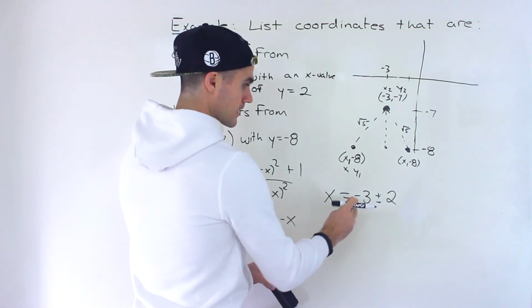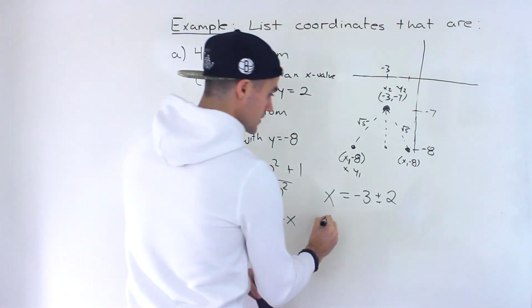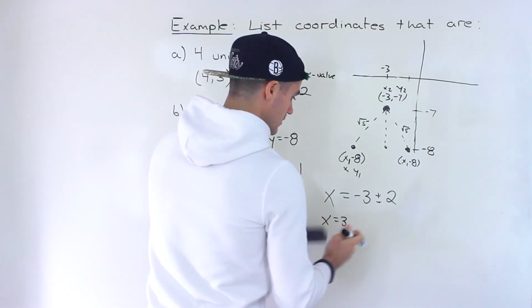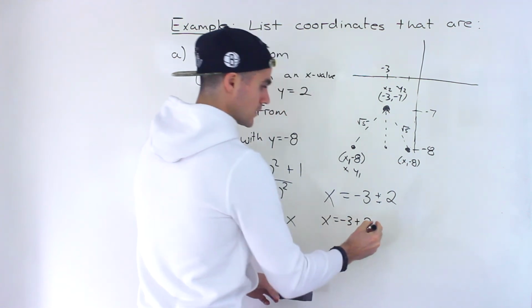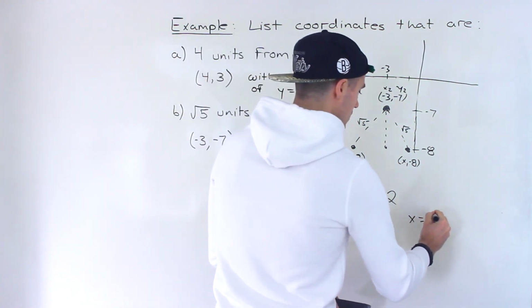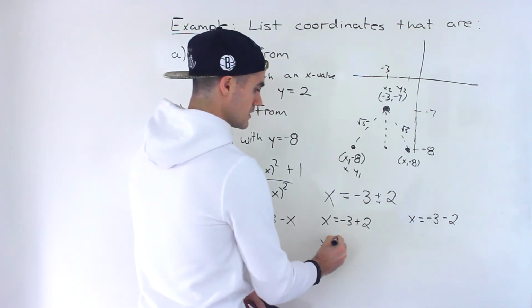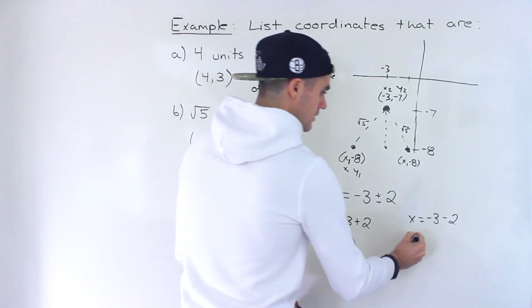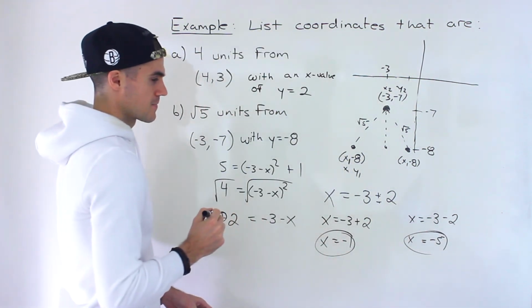So notice there are 2 solutions, negative 3 plus or minus 2. Either negative 3 plus 2, that's one of the x values, or negative 3 minus 2, that's the other x value. So this would end up being negative 1, and this here would end up being negative 5.